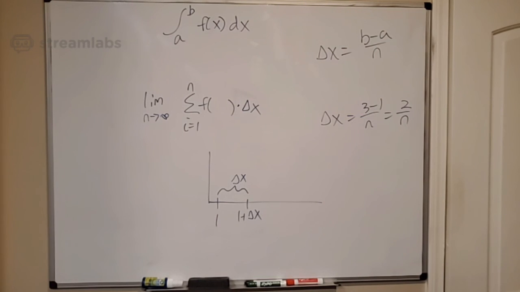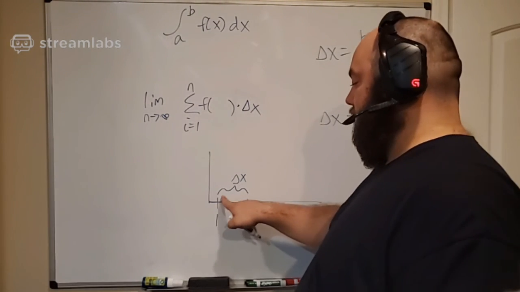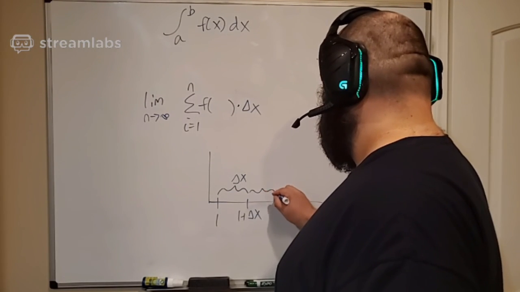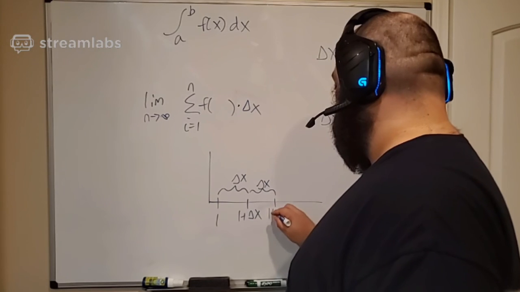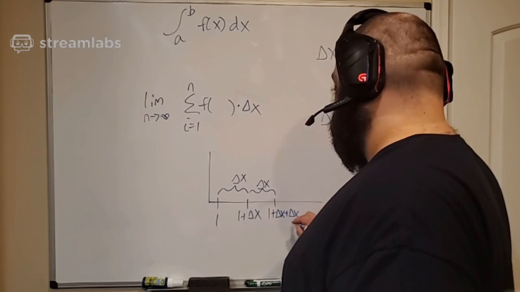Remember, delta x being the change. That's going to be our first rectangle. So our first rectangle will have a width of delta x. And then we go another one over, and we have 1 plus delta x plus delta x, or 1 plus 2 delta x.